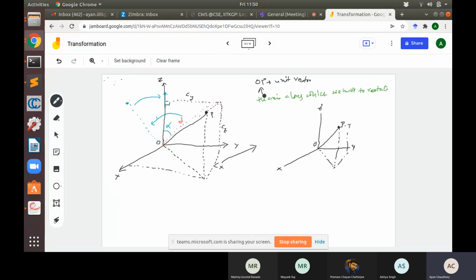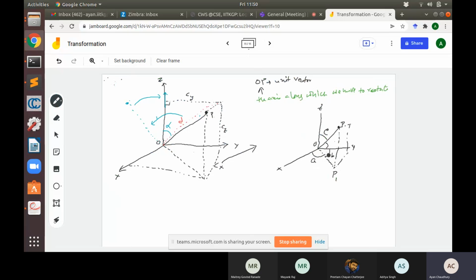The direction cosine is the cosine of the angle between the vector and the axis. Let's say this is the angle A, with the projection of the vector, P1. The angle between the vector and the x-axis is A, and with the y-axis let's say it is B, and with the z-axis, taking it in 3D, it is C.